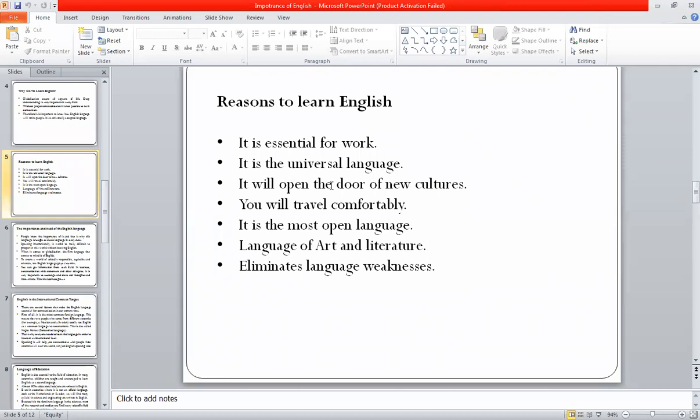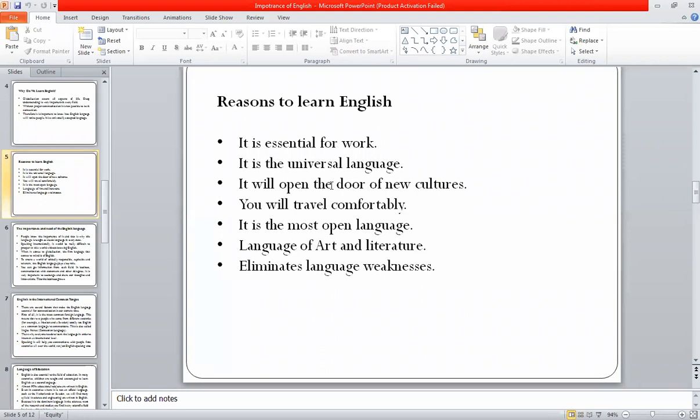Okay, but we can't learn the languages of all these people from different countries, and they can't translate it into our mother tongue. So this is the problem, and for removing this problem, we have to use a common international language, and English is the common international language.